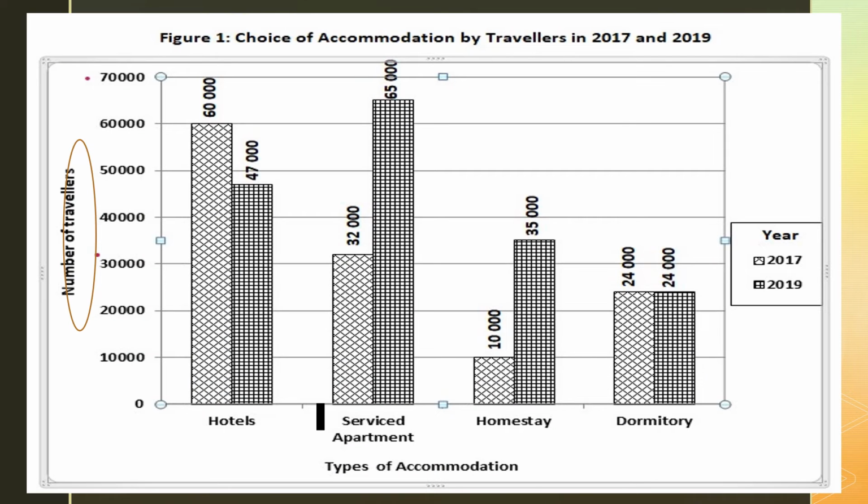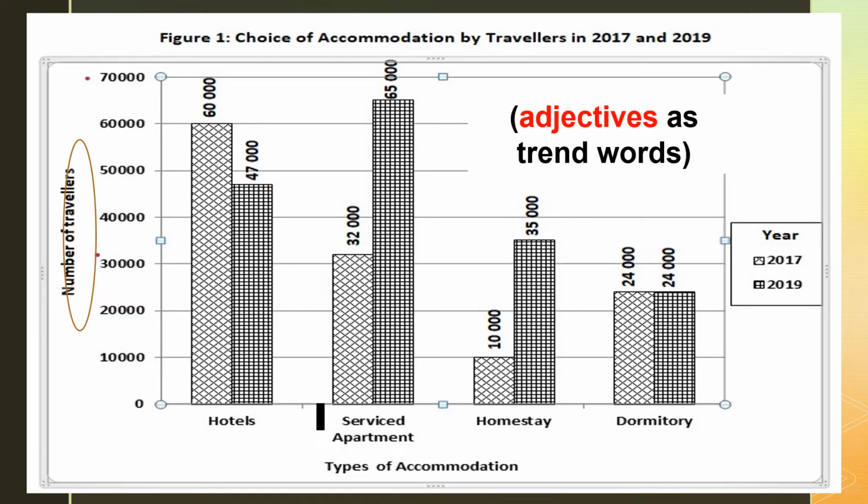Next. Okay, we are looking at the adjectives as trend words. All right, adjectives. Okay, you observe this hotel with the data 60,000, so it should be the highest number of travelers.